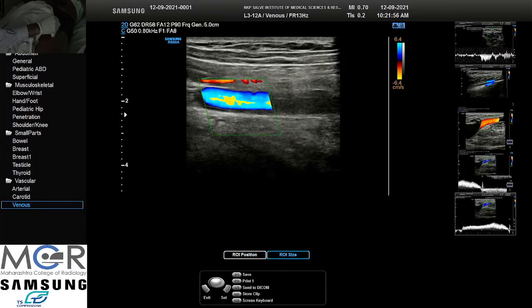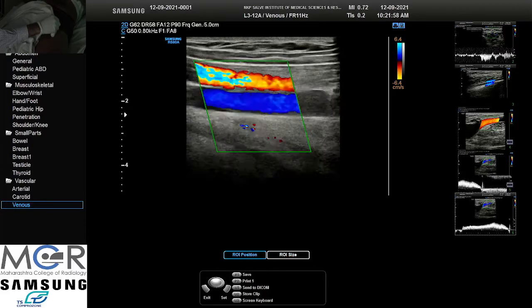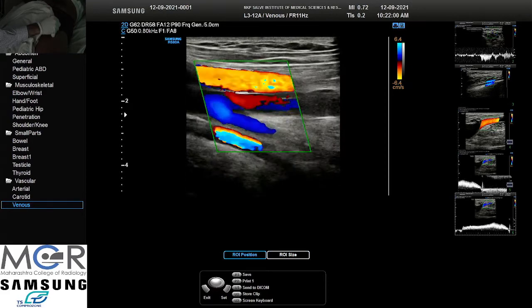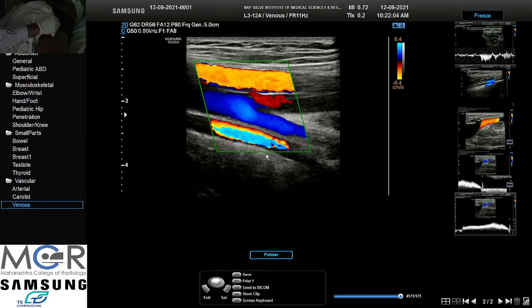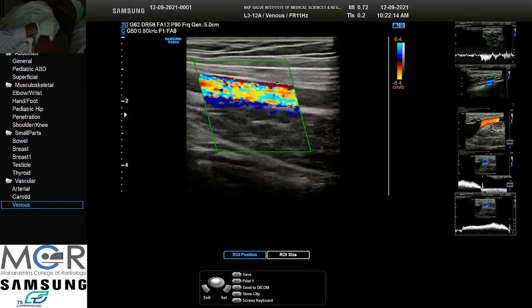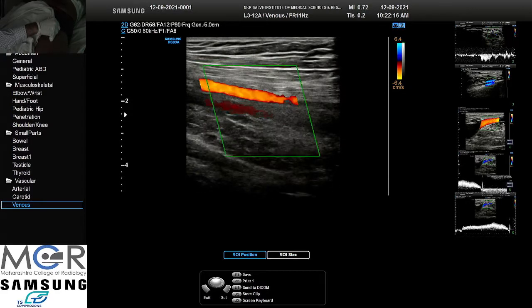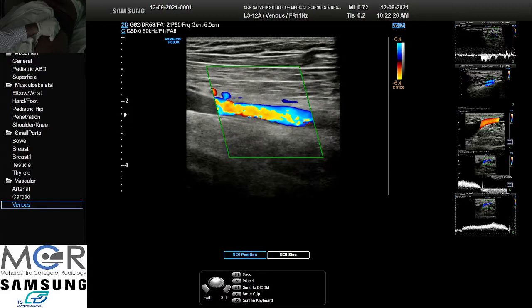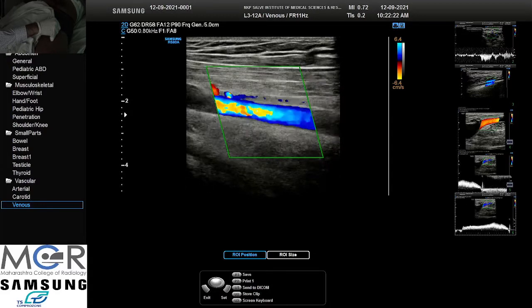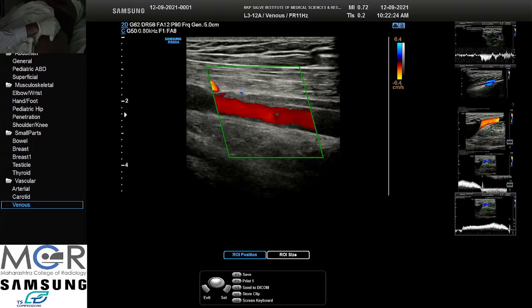Can see that all four, SFA, SFV, profunda femoral vein or deep femoral vein and deep femoral artery. So they are very nicely filled. Now because he has saphenofemoral incompetence, we need to know whether there is any deep venous reflux.